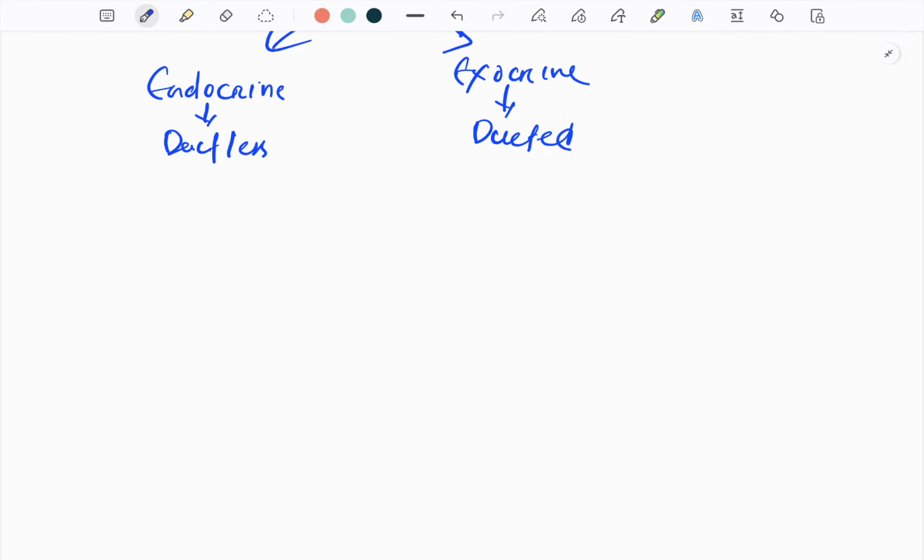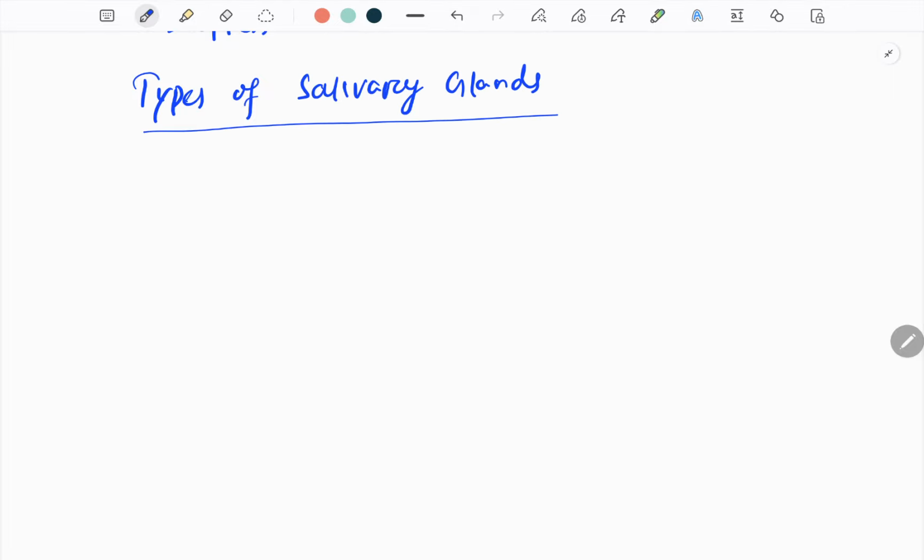So now we will go into the depth of the salivary glands. Particularly, there are three types of salivary glands. One is parotid gland.